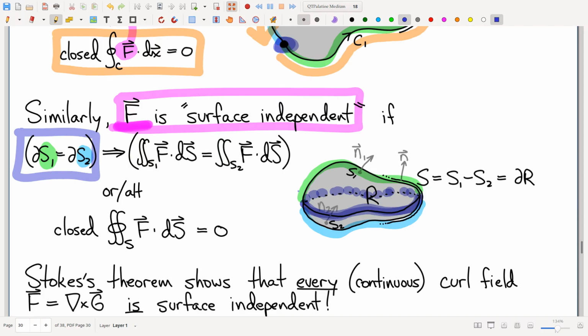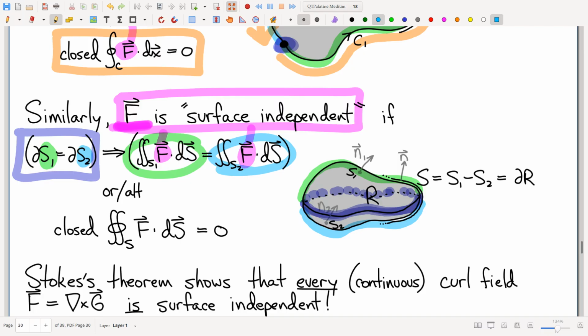In the same way that my two hand edges are the same curve, likewise, that's what we're talking about here. And in this scenario, what does it mean for the vector field to be surface independent? It means that the flux through the one surface and the flux through the other surface are always equal.